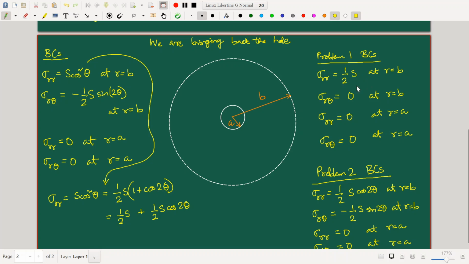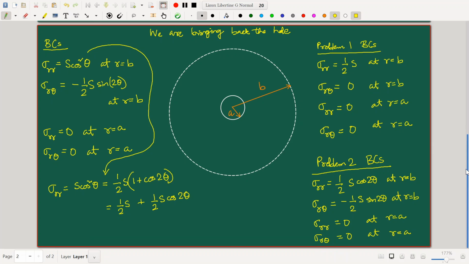Problem 1 with these boundary conditions, where sigma rr is a constant, is almost a ready-made thing for us already, because we know the pressure vessel problem solution. We just have to replicate that, and then a somewhat new problem where sigma rr has this kind of form and sigma r theta has this kind of form.